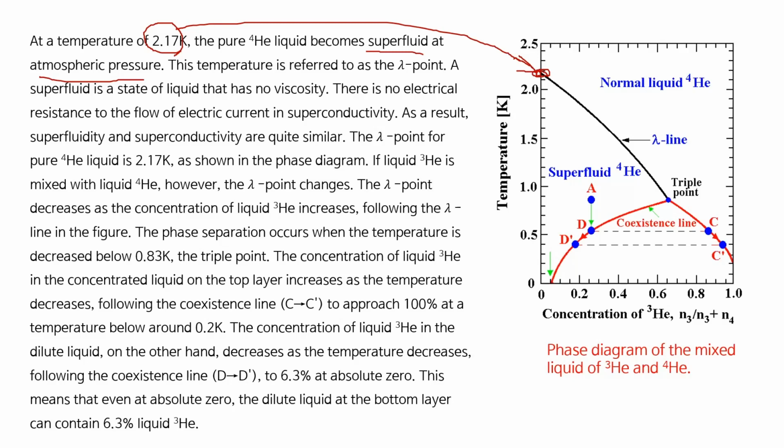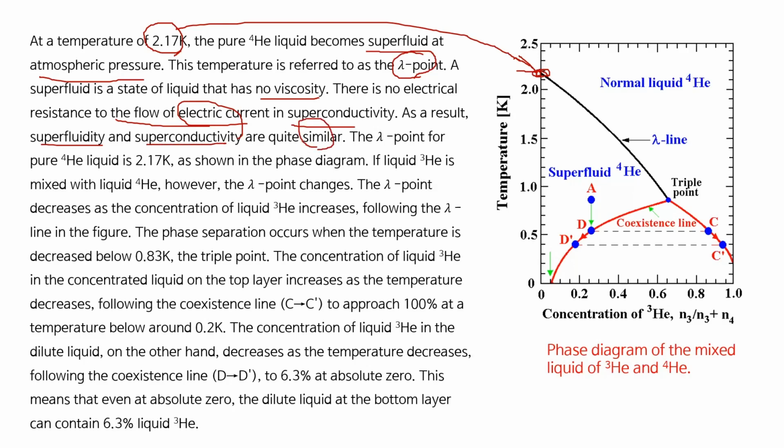This temperature is referred to as the lambda point. A superfluid is a state of liquid that has no viscosity. There is no electrical resistance to the flow of electric current in superconductivity. As a result, superfluidity and superconductivity are quite similar.